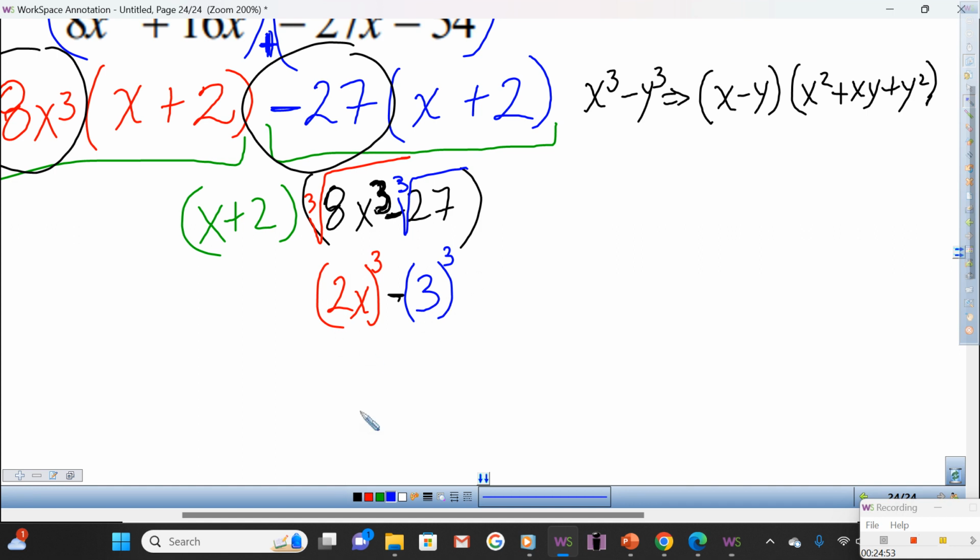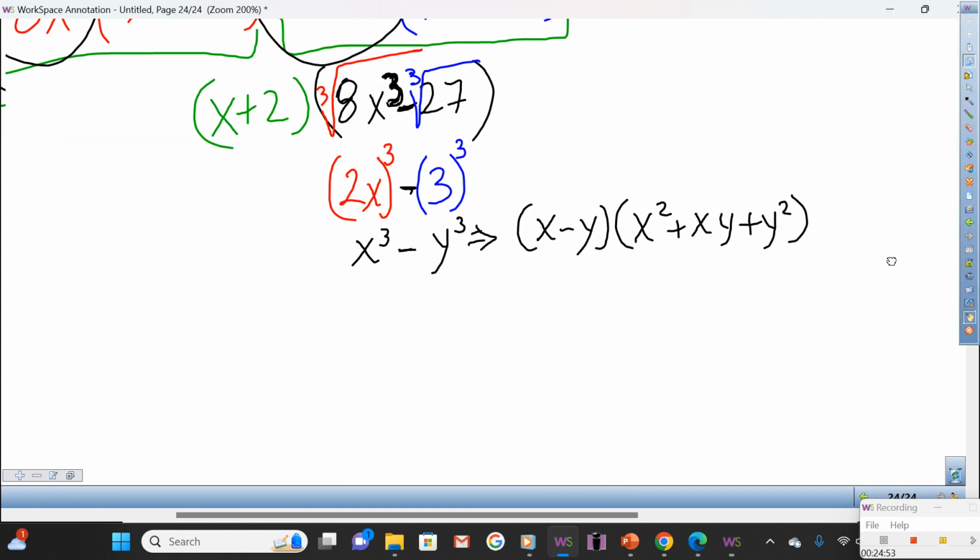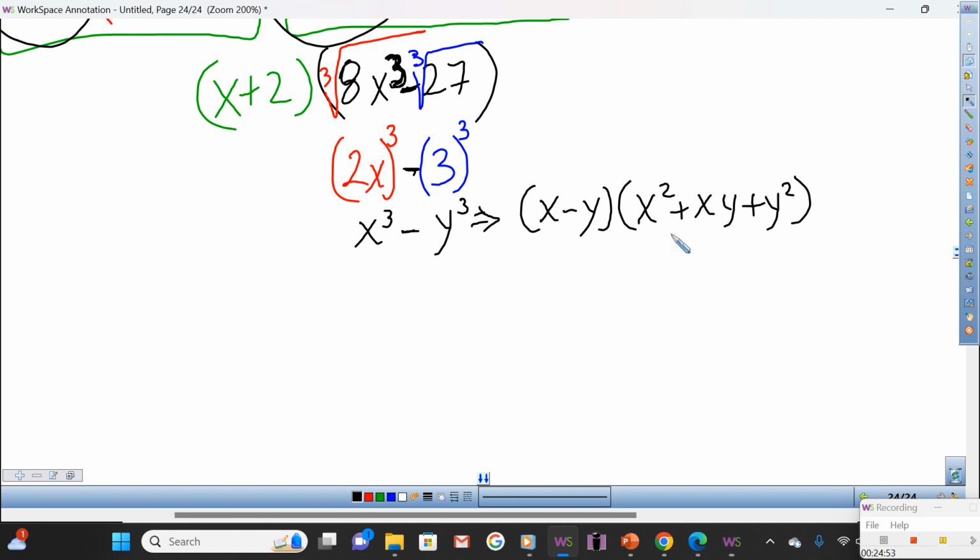So now that we have this, let's write our identity underneath here. X cubed minus y cubed, and that is x minus y times x squared plus xy plus y squared. All right. However, check this out.